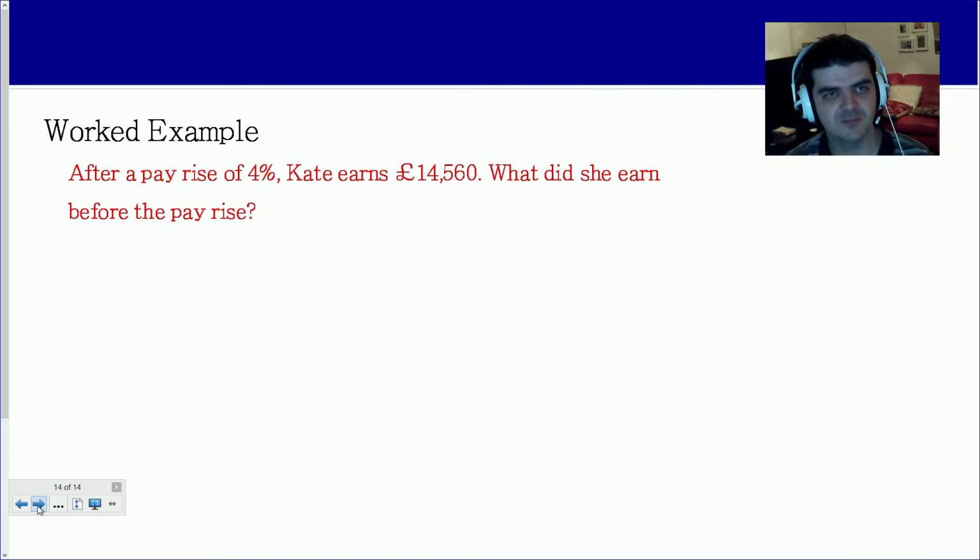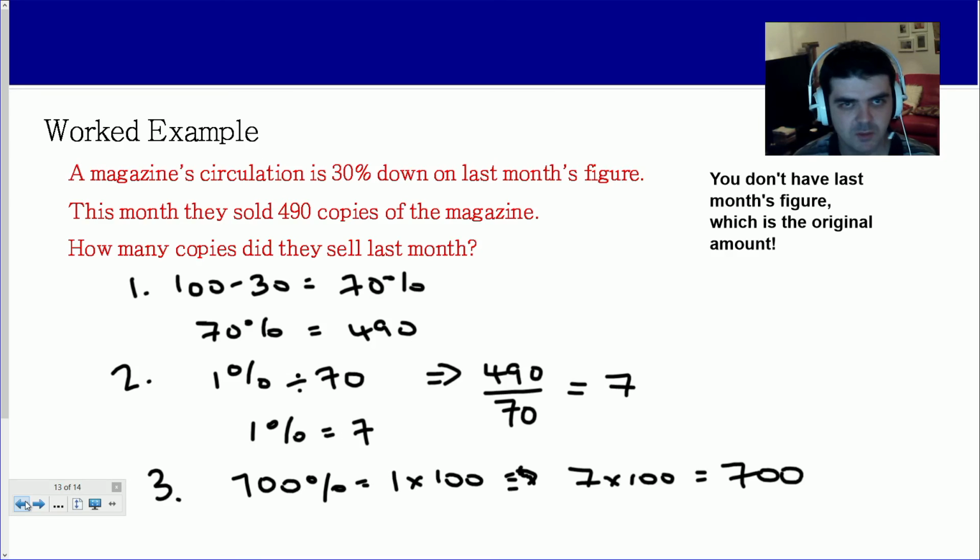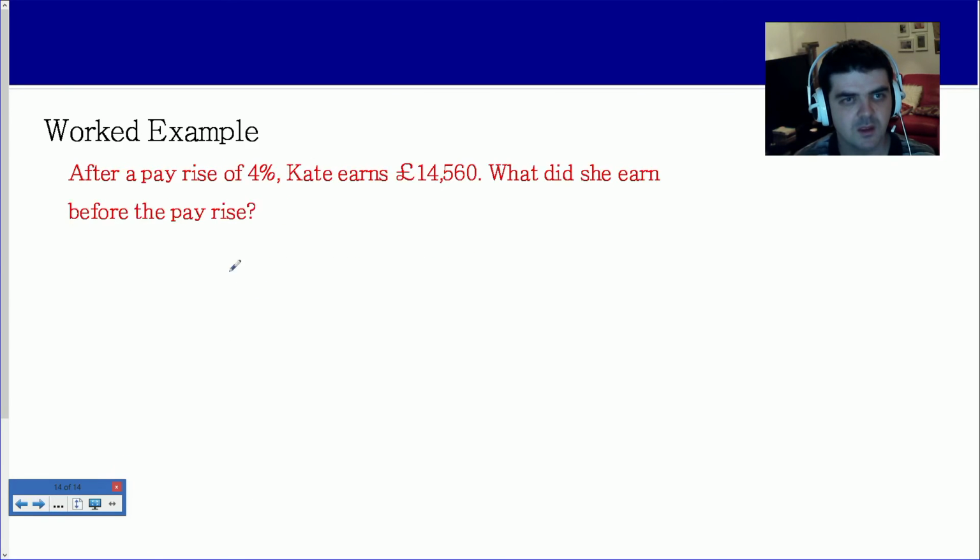Let's do another example. Let's go the other way. We've done a reduction. Let's do a positive. Worked example 2. After a pay rise of 4%, Kate earns $14,560. What did she earn before the pay rise? Okay. First step, we have to work out what her new percentage is.